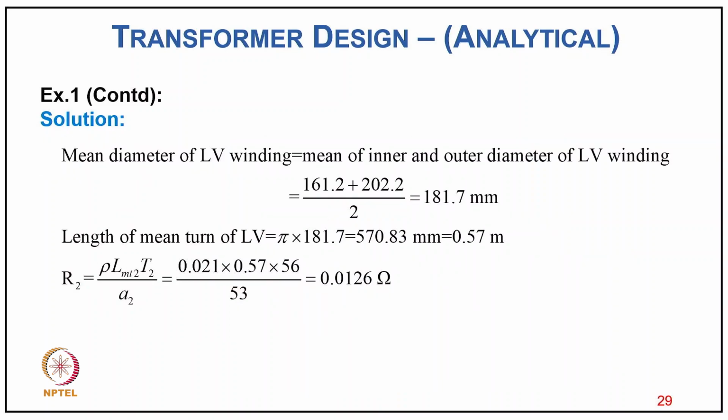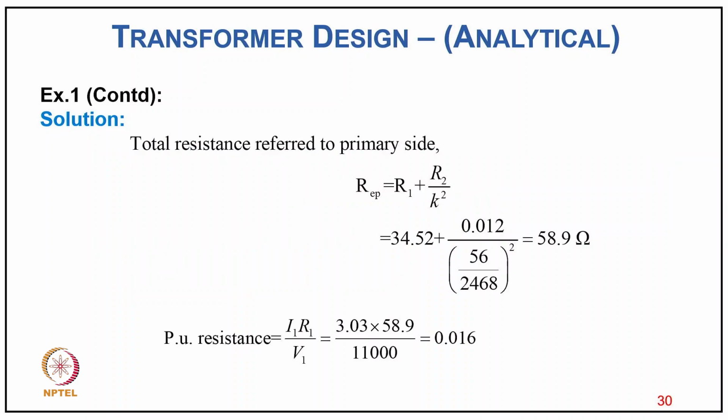So mean diameter of LV winding, that is mean of inner diameter and outer diameter, so that comes about 161.2 plus 202.2 divided by 2, 181.7 millimeter, and mean turn length of LV is pi d, it comes 570.83 millimeter or 0.57 meter. So resistance of LV winding R2 is rho LMT T2 upon A2. Putting the value, it comes 0.0126 ohm.